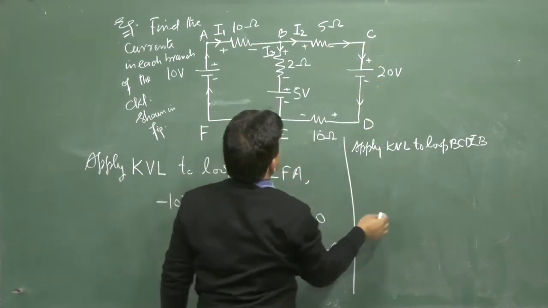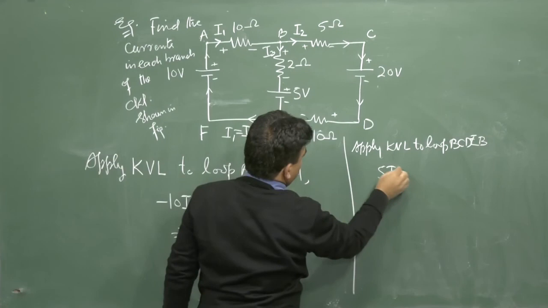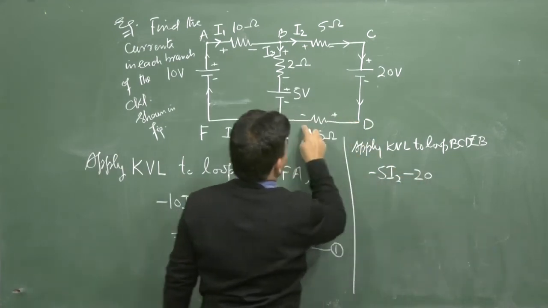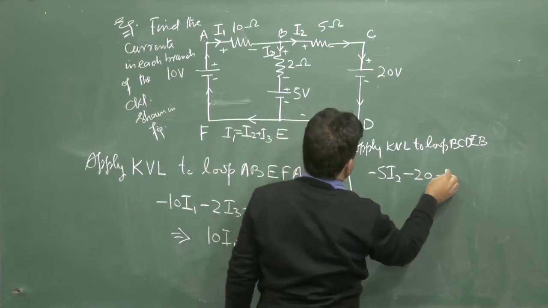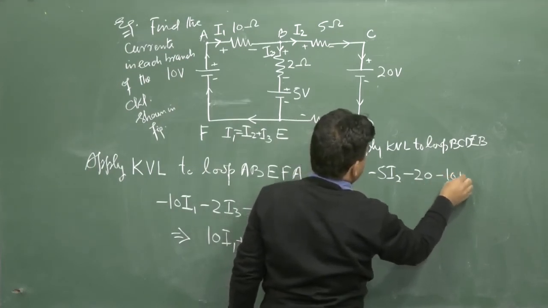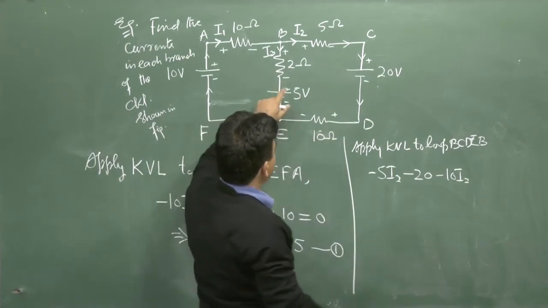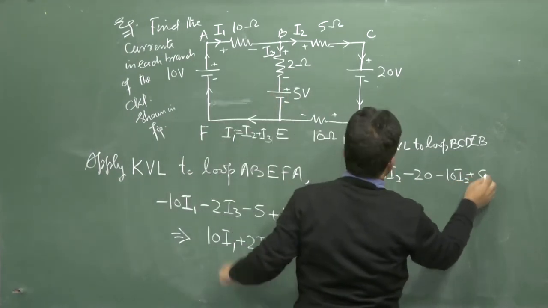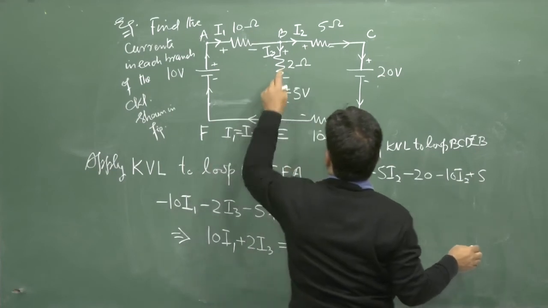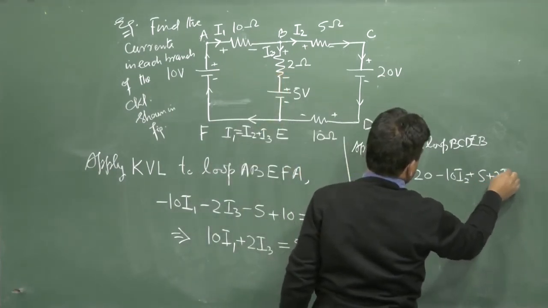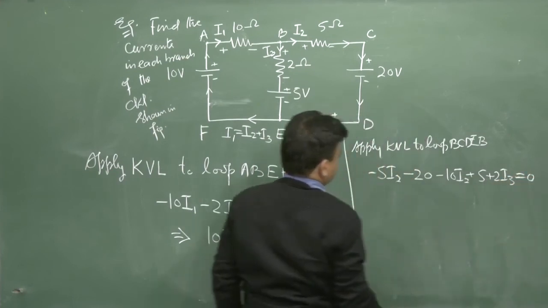B to C, it is 5I2 minus, minus 20. Here it is minus 10I2, and here it is plus 2I3, equal to 0.